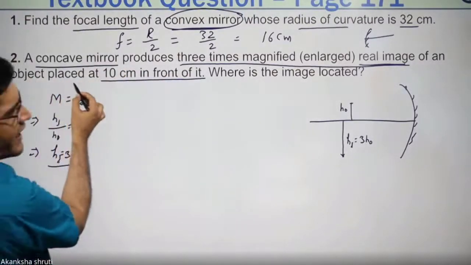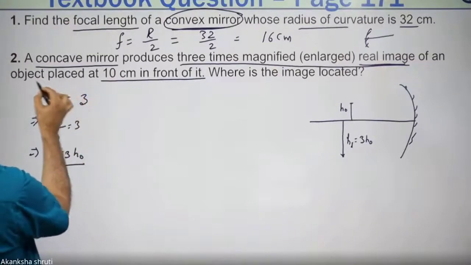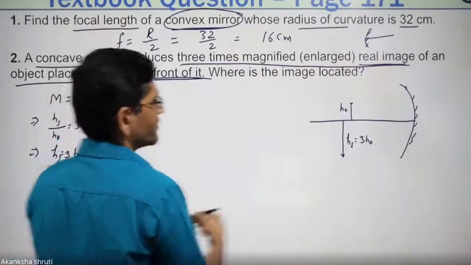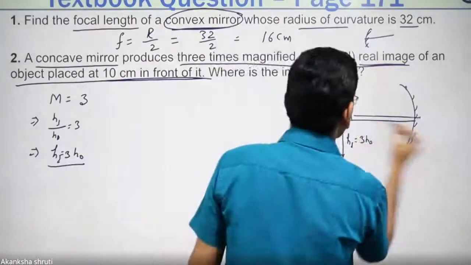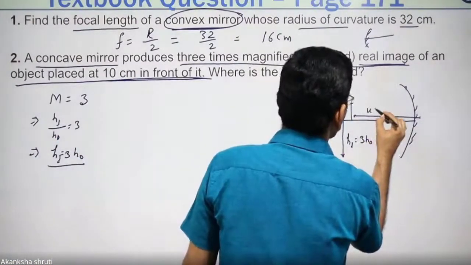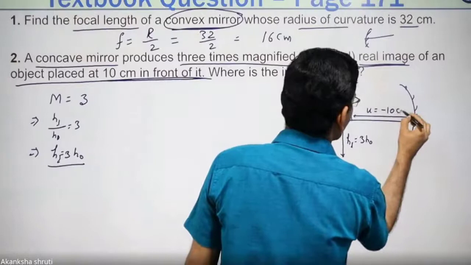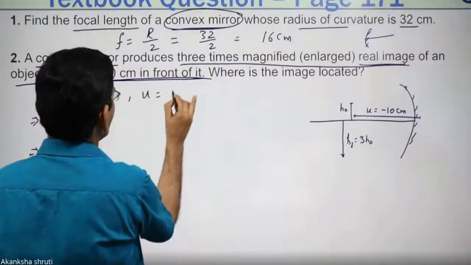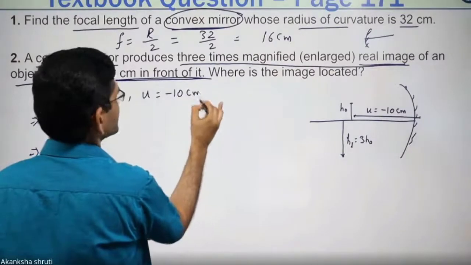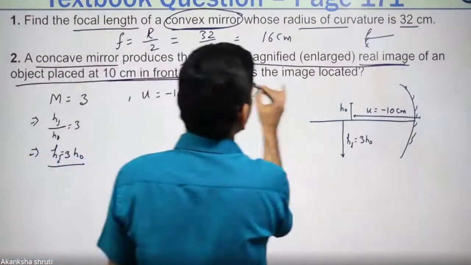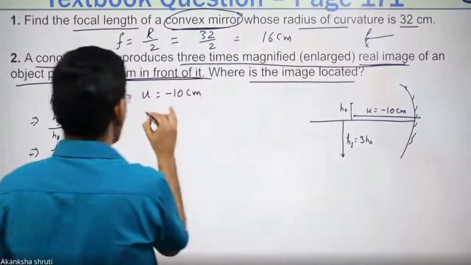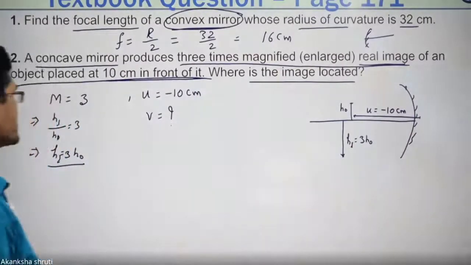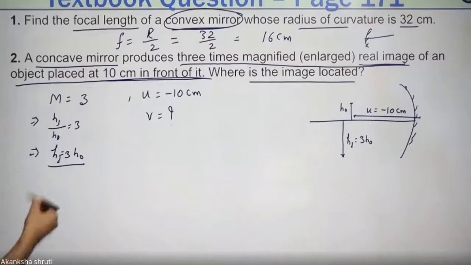It is given that the real image of an object placed at 10 centimeter means this U is also given. So this U is minus of 10 centimeter. So write that one also. U is minus of 10 centimeter. Where is the image located? So we have to find the V. Very easy to find, students. How to find?